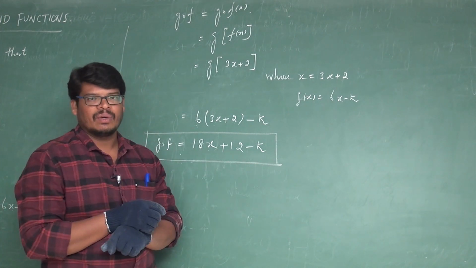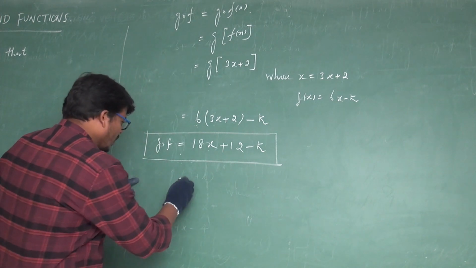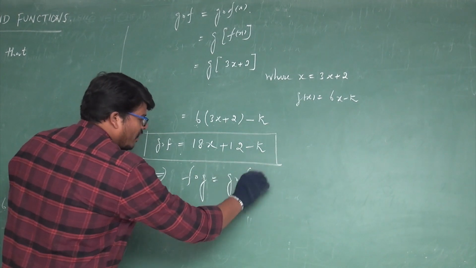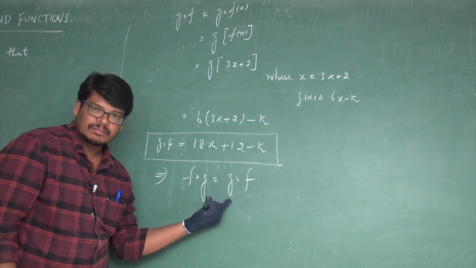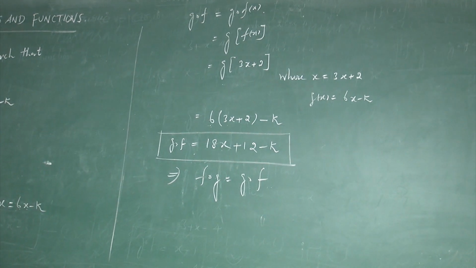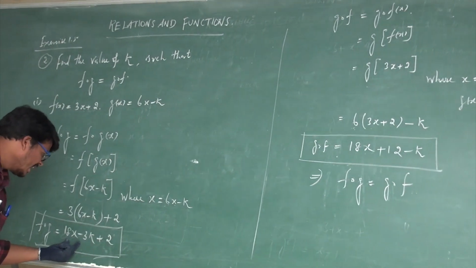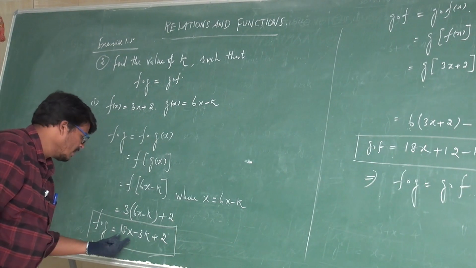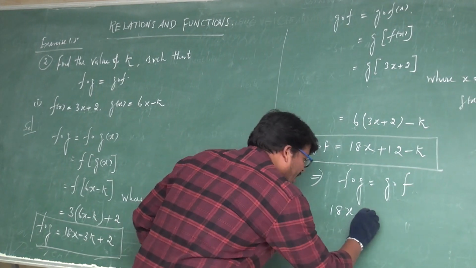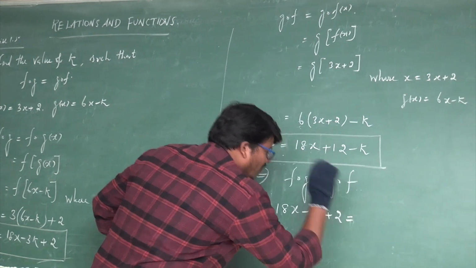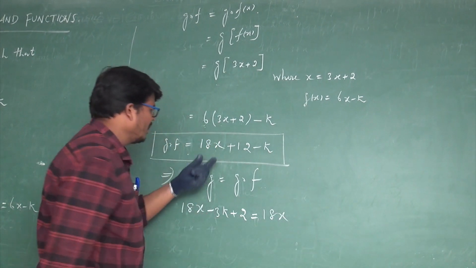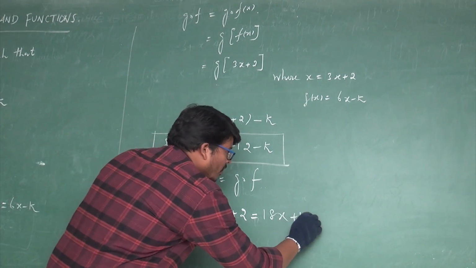Now find the value of k. f dot g, already found, is 18x minus 3k plus 2. g dot f is 18x plus 12 minus k.